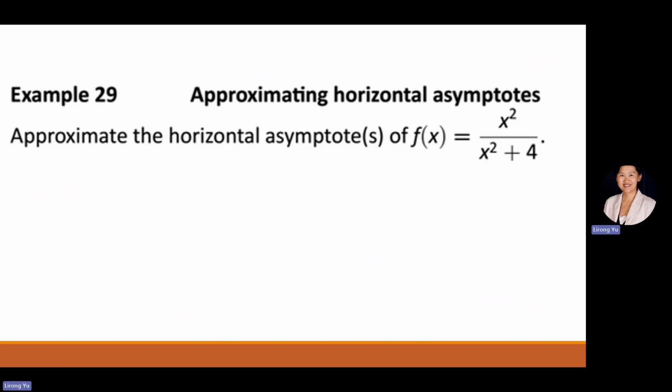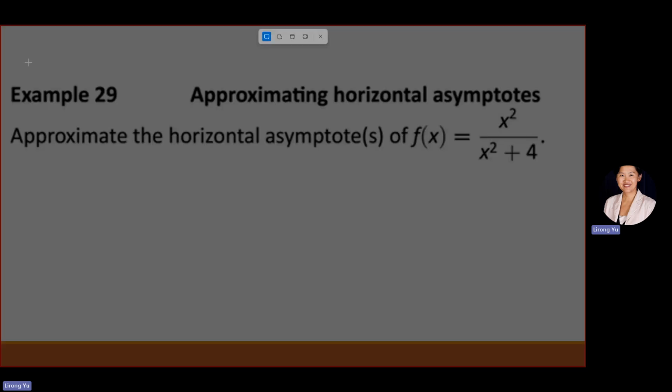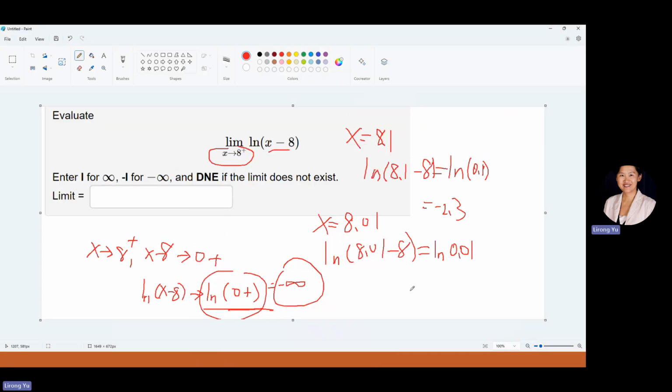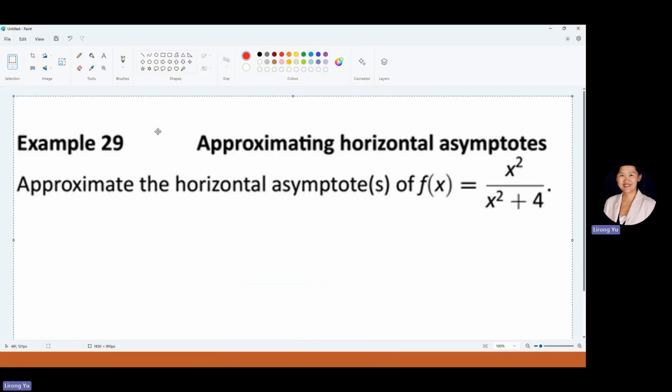So if we want to determine the horizontal asymptote of this function, we will make x go to infinity. One thing is you can graph it, and once you graph it, you can see on the left and right where it goes to. Or we will try to look at the limit.